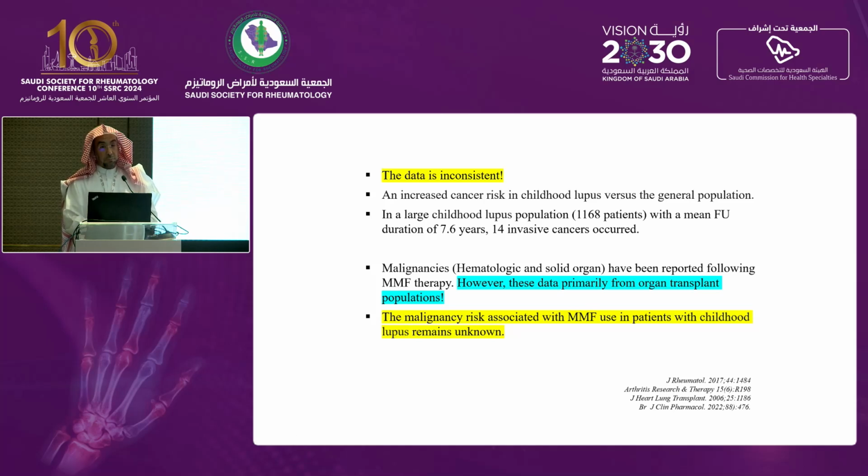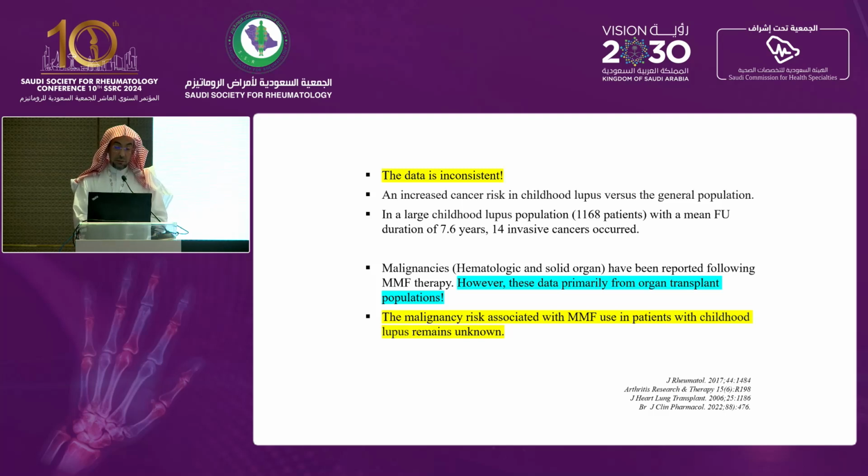Now, does our patient have a higher risk of developing malignancy? I will remind you that PTEN is a tumor suppressor gene. So if there is a deficiency or variant, this gene has oncogenic function and has been linked to PTEN hamartoma tumor syndrome. So there is some risk in those patients.